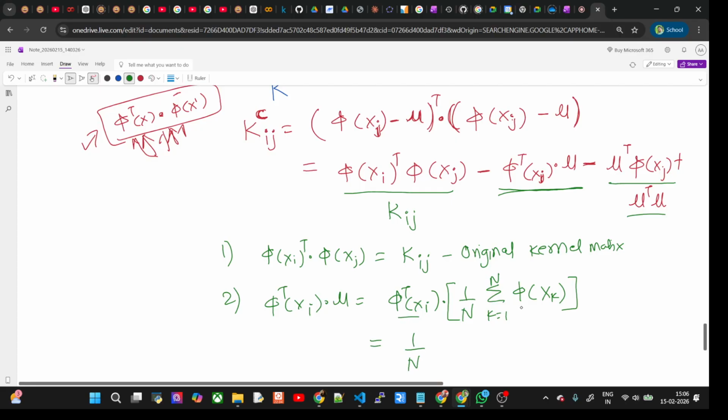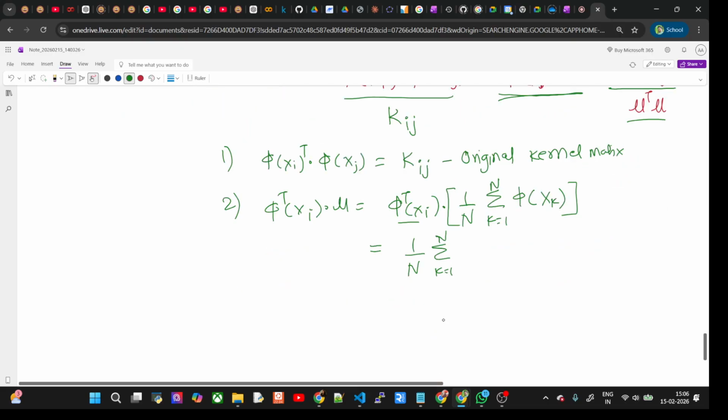I am putting this inside, so it is phi transpose xi into phi of xk.